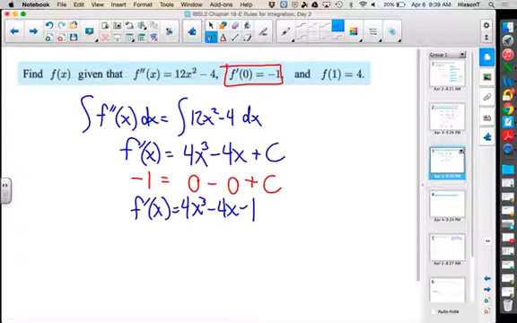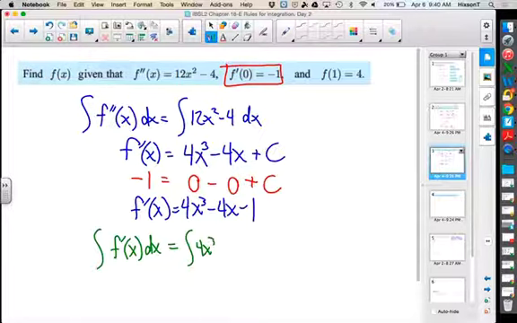And now what are we gonna do? Find f of x, using the same process. So now we're gonna take the integral of f prime. So the integral of 4x cubed minus 4x minus 1. Notice we needed that minus 1, because that will impact the answer.